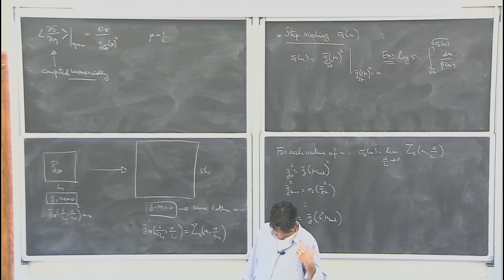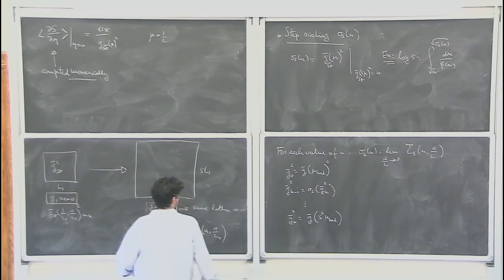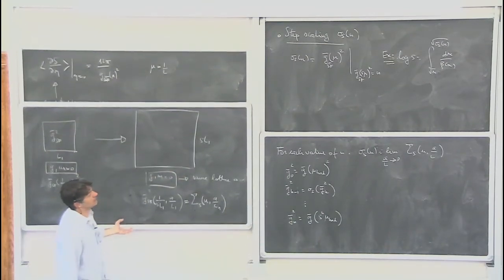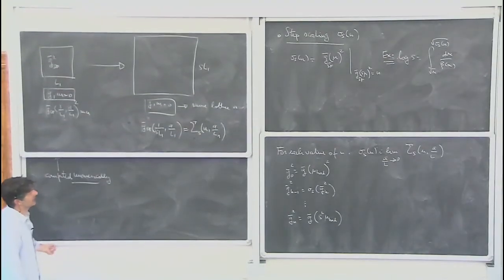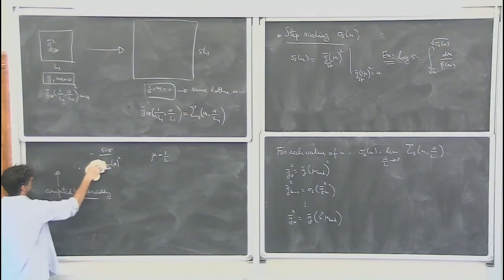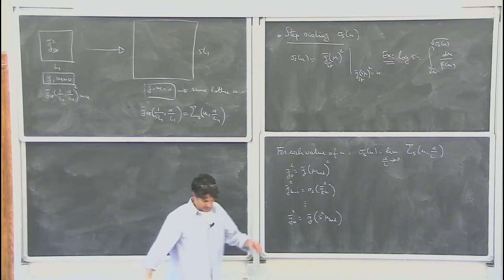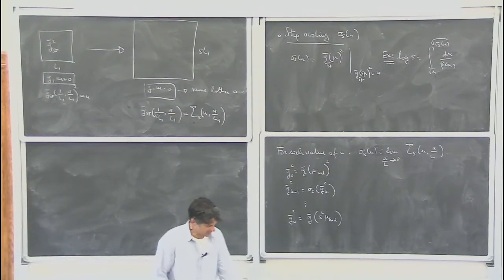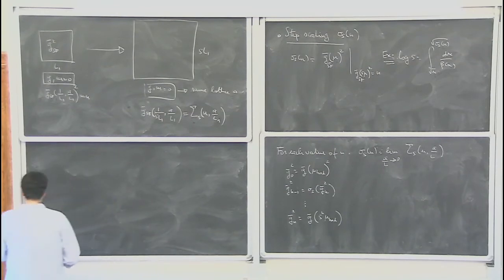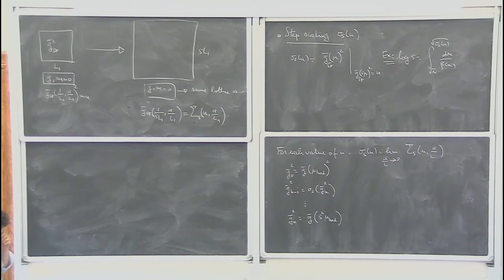So we've done the running, okay? And now remember we want to compute the lambda parameter, okay? So we want to compute just one mass. And I'm going to write the lambda parameter in a way that will become clear in a second.